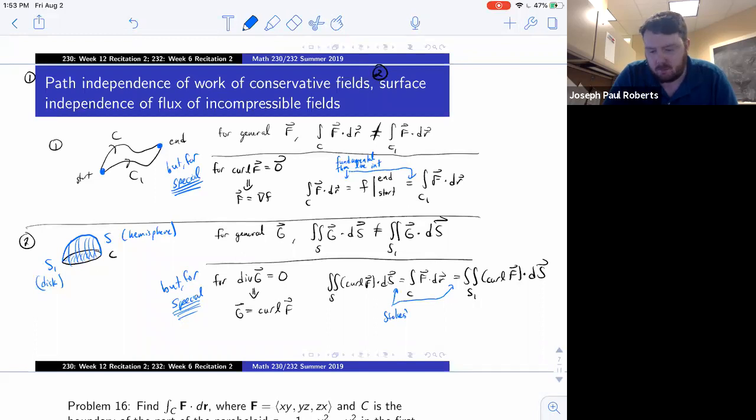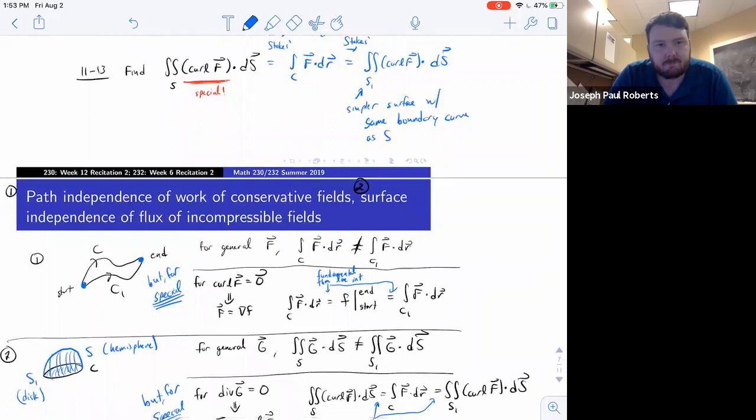That for problems 11 through 13, because I'm asking for the flux of a special vector field, we'll usually give you this hint that it's special. For conservative, we don't usually tell you it's conservative. That's up to you to figure out, but if it does have zero divergence, we will sort of give you that hint by writing it as curl F. So as soon as you see the flux of curl F, then you're looking to say that, oh, that's either equal to the work of F on the boundary curve or the flux of curl F across a simpler surface.